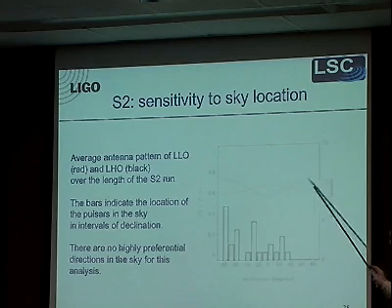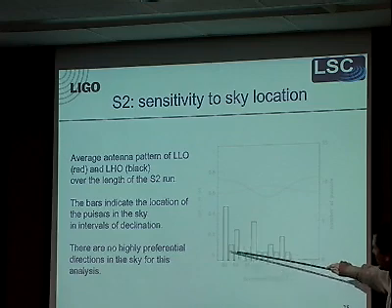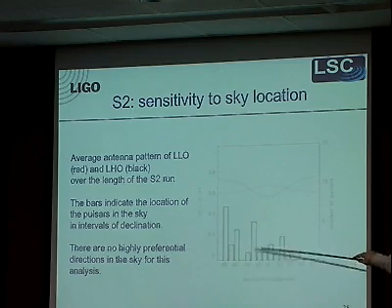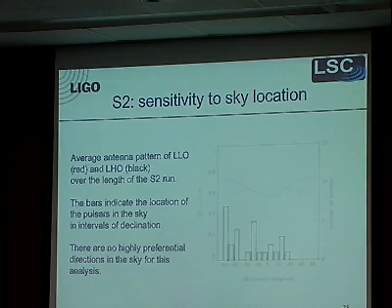And then the black one shows the average antenna pattern for the Hanford interferometers. The histogram here, this is in declination in the sky, represents the number of pulsars we have at minus 80 degrees in declination, minus 30 degrees, and so on. And you can see that just due to the antenna pattern, you wouldn't expect the difference in upper limits to change by more than 30% or 20% or so.